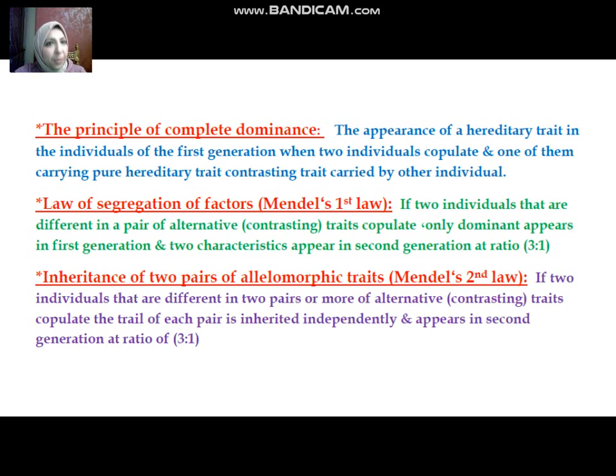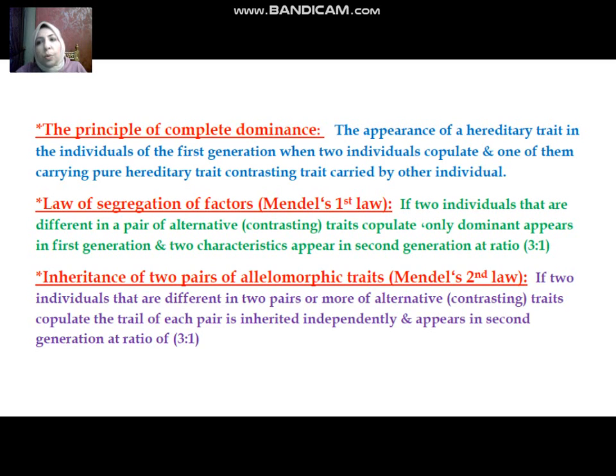What is the difference between Mendel's first law and Mendel's second law? In Mendel's second law, Mendel made an experiment not for one trait only. In the first law, we made copulation between one dominant trait and another recessive trait, only one trait. But in the second law, Mendel made his experiments for a pair of contrasting traits.